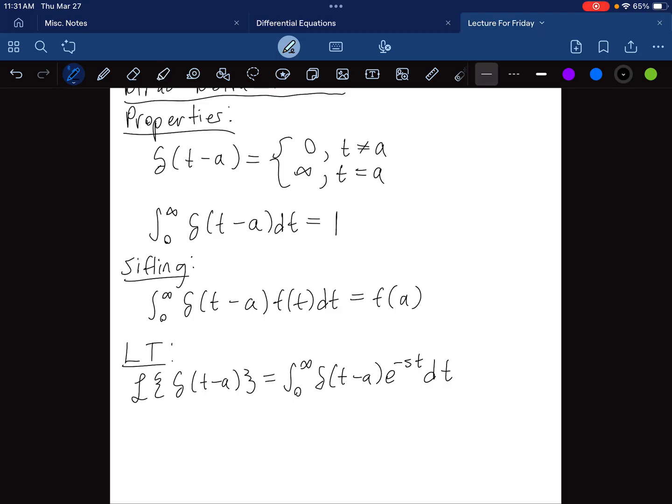With the sifting property of our Dirac delta function, this just evaluates to e to the negative s times a. And so this is table entry number 20 on your table.